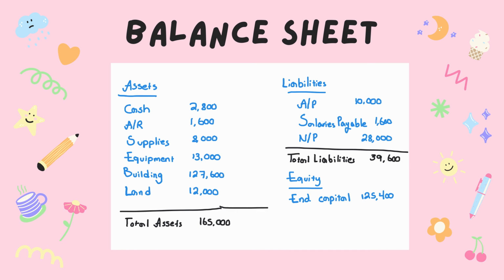Now let's see, liabilities plus equity. So again, your assets should equal your liabilities plus equity. Now 39,600 plus 125,400, it is also 165,000, so it's balanced.